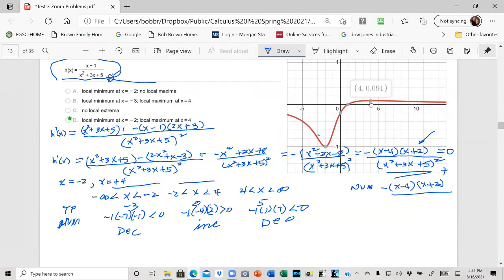So we can see that at the point minus 2, it goes from decreasing to increasing and then goes decreasing. So at x equal minus 2, it's a local min.